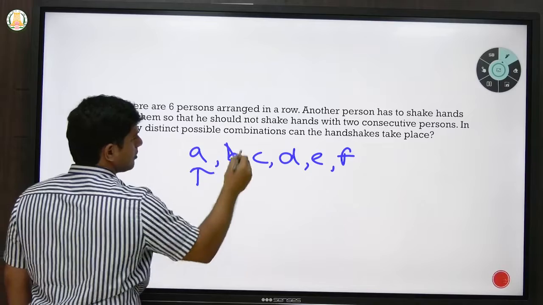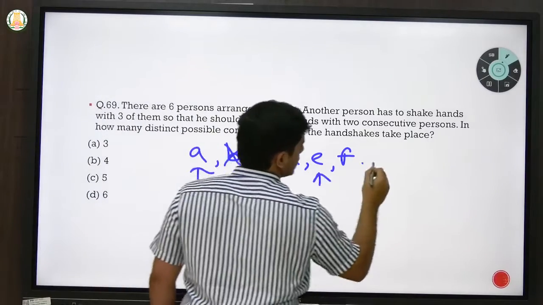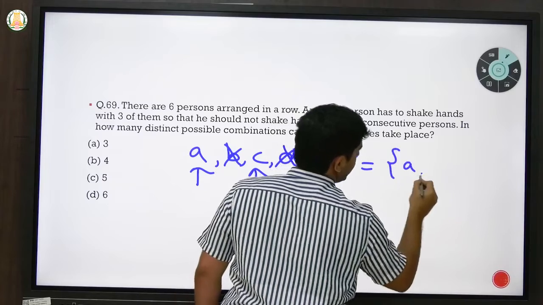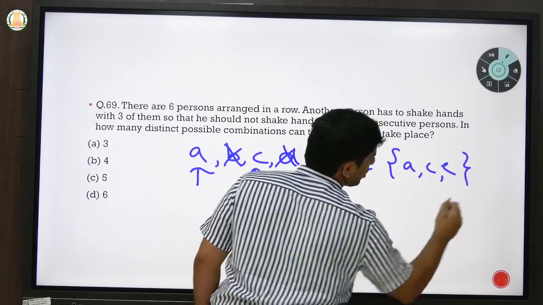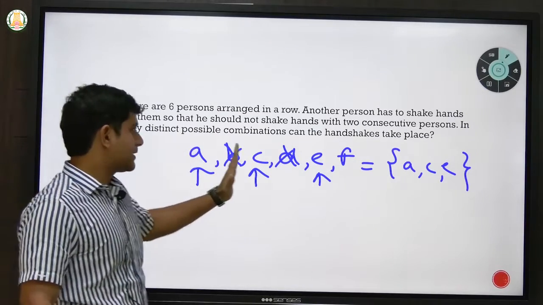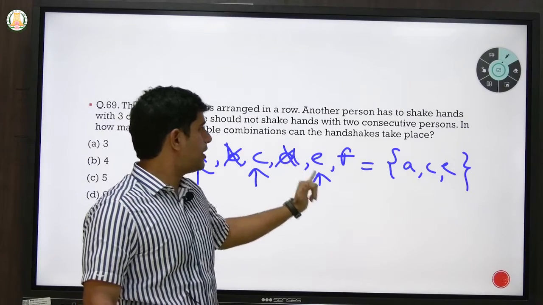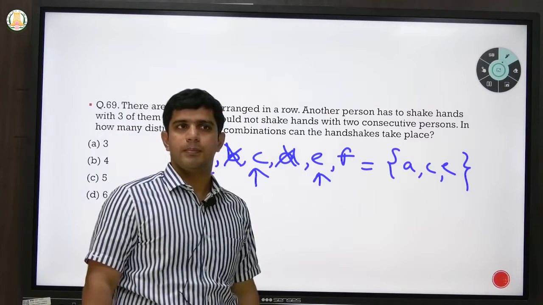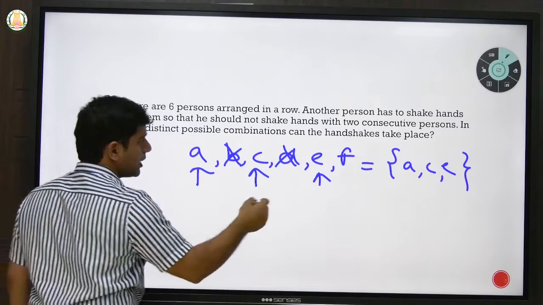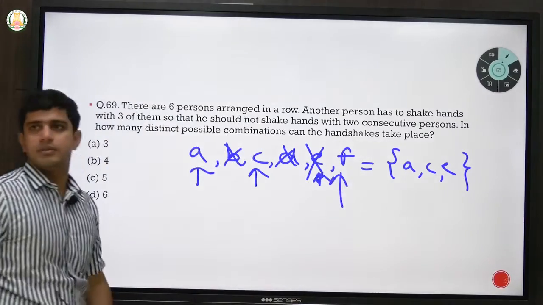So A, C, E is one option. But let's say he has gone to A, then C, and can't go to D. But instead of going to E, can he go to F? Let's say he skipped E also, can he go with F?